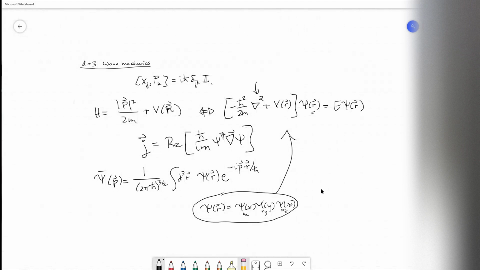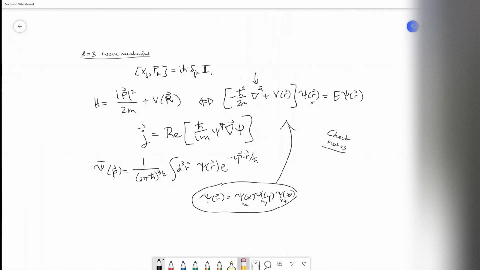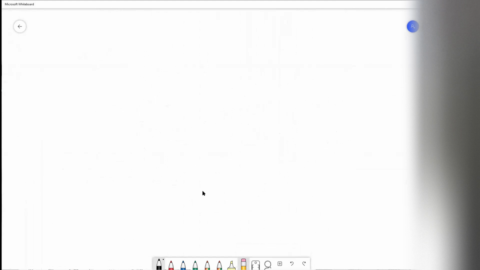I do the particle in a box for 3D, so I would check the notes if you wish. But conceptually, I don't really think it's that important. And we'll do more in the second semester for 3D stuff. All right, any more questions about wave mechanics, just in general? Anything about it?